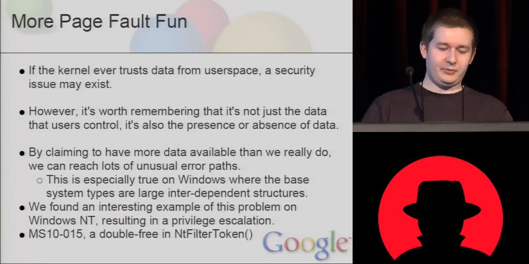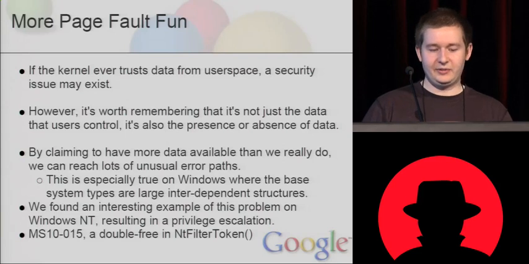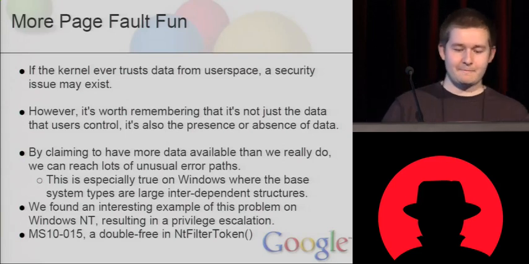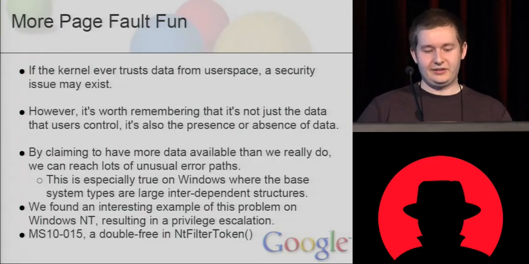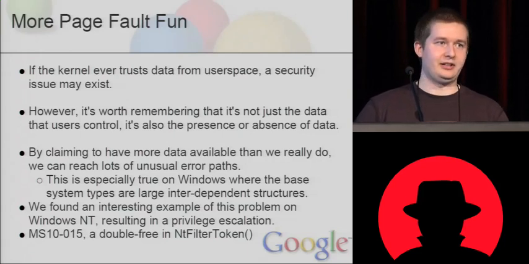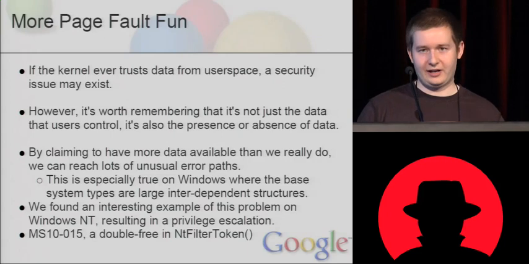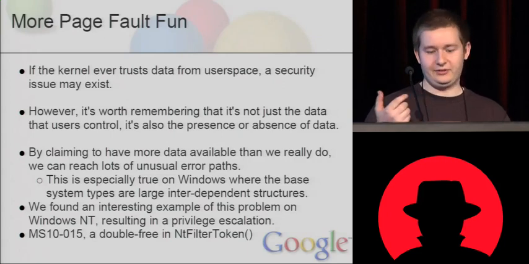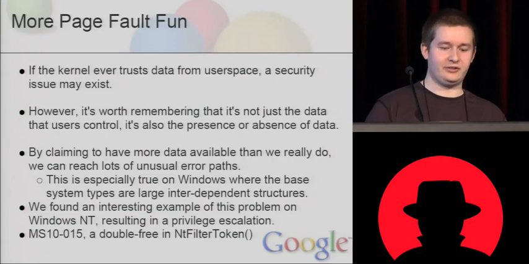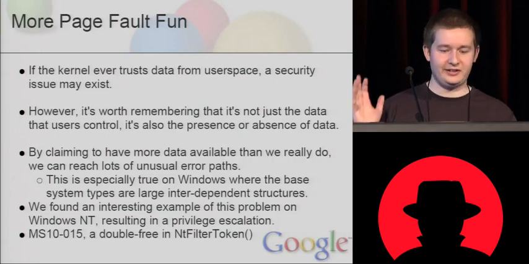By claiming we have more data available than we really do, we can reach lots of unusual error paths. This is mainly true on Windows because the main system types are large interdependent structures that often have multiple components, and they sometimes have version numbers where you have to read the version number first to see how big the structure is going to be, and then they can have variable sized arrays.